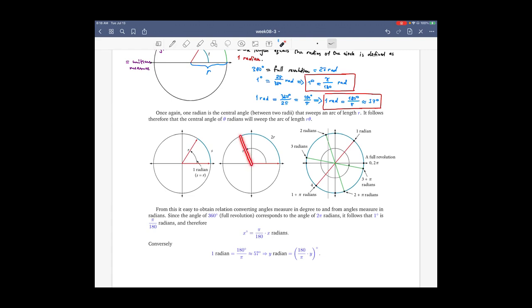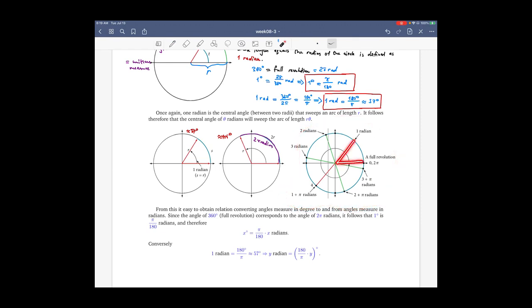For instance, this here is the angle of 2 radians, roughly 114 degrees, much like this here is roughly 57 degrees. The arc subtended by this angle is twice the radius. The length of this arc is twice the radius. In this picture on the right, we have different angles measured in radians.